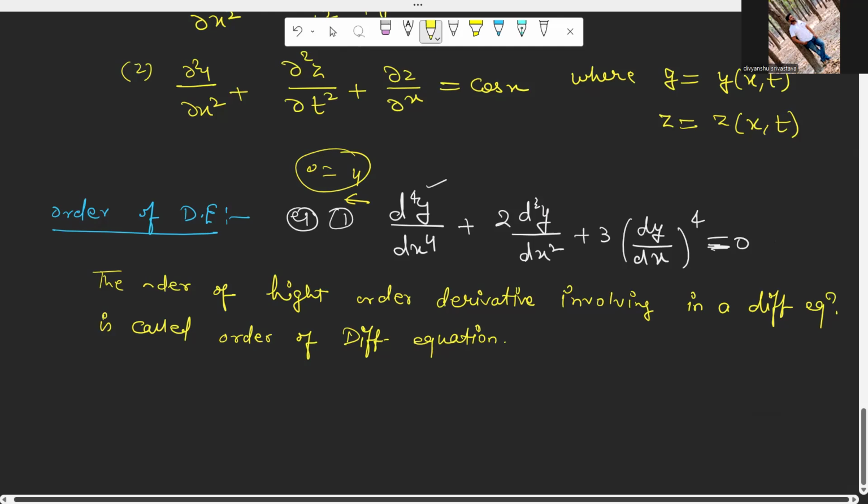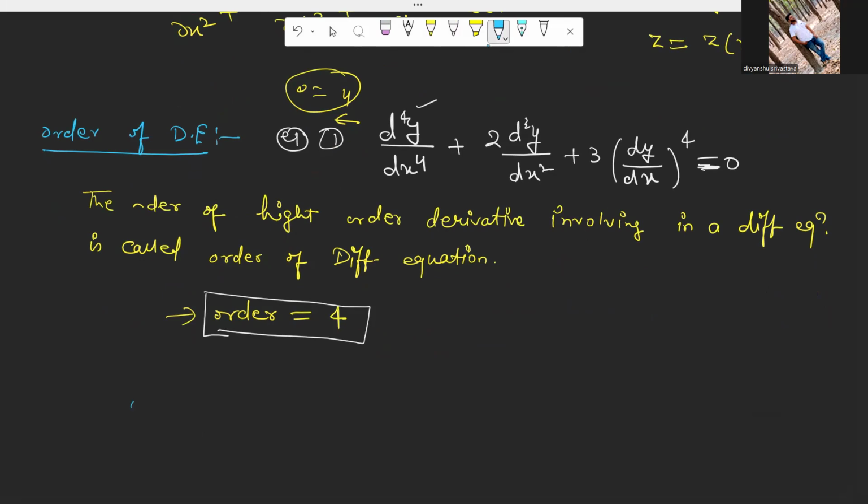So here the order is 4. In this section, the highest order derivative is 4, so this is your answer in this section. Now come to the next point, which is your degree part.